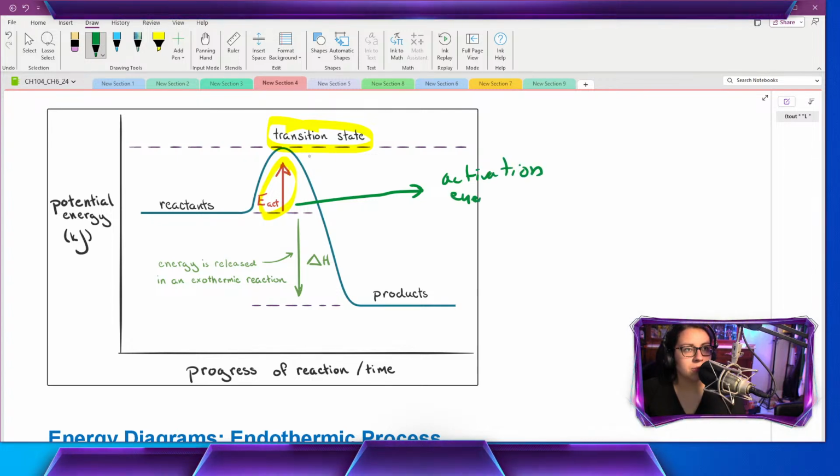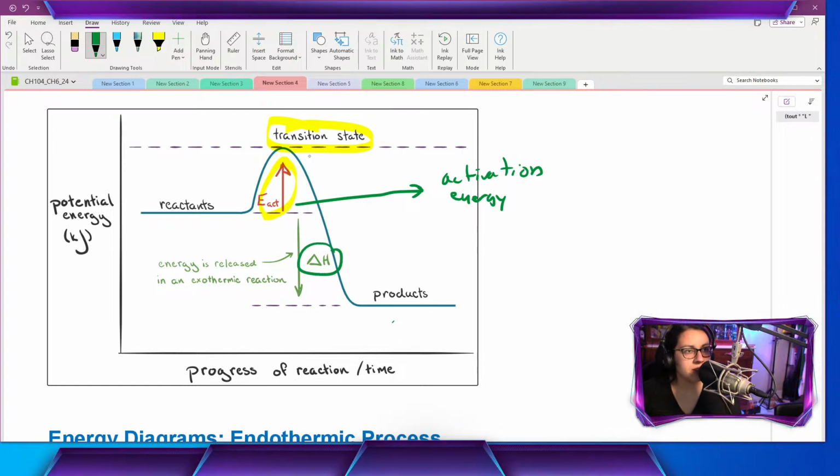I always like to compare that to the activation energy it takes to get you out of bed. Probably have to entice yourself with some coffee maybe in the morning. And so then from our transition state, we go to our products. And then this difference in energy, the change in energy from your products and your reactants, so that's again your enthalpy, your delta H again.